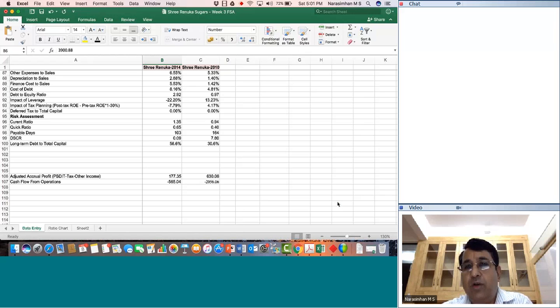But the core of this whole module, the first module, the 3 weeks module, is financial statement analysis. We also call it how to assess the financial health of a business. Like when you go to the doctor and say that you are not well, the doctor gives you certain tests to be conducted, and we go there and take certain tests, and the doctor sees the test report to understand what is the problem for this particular person.